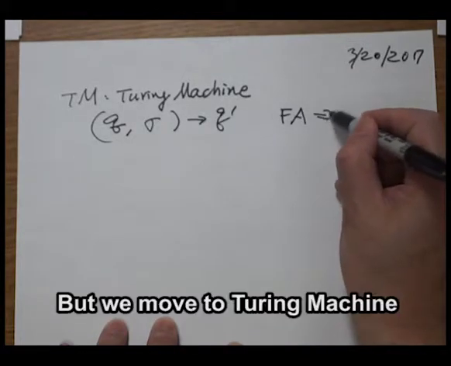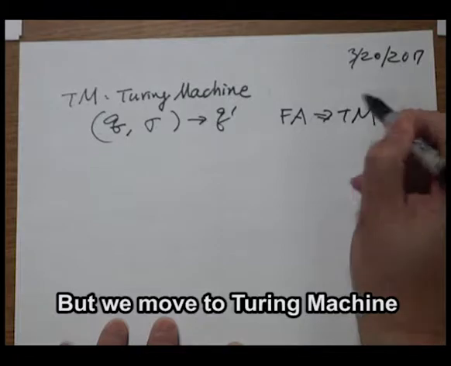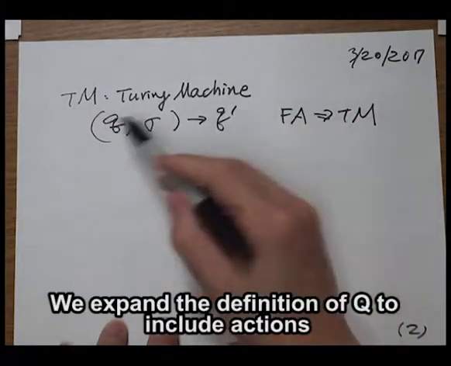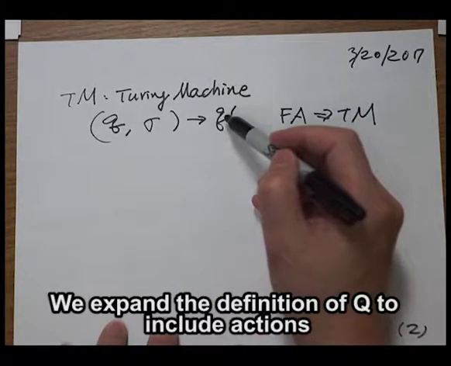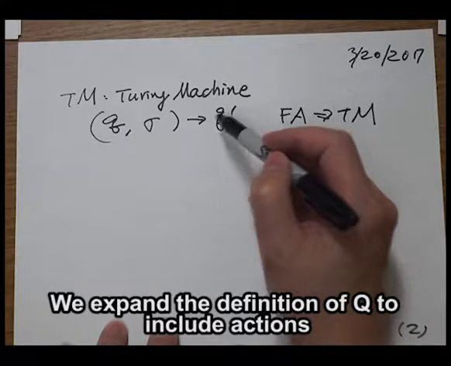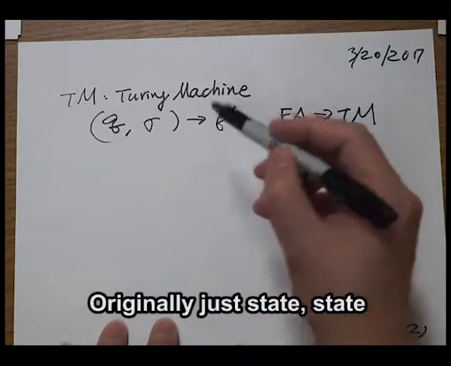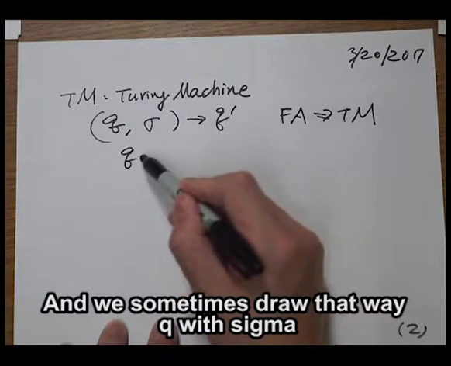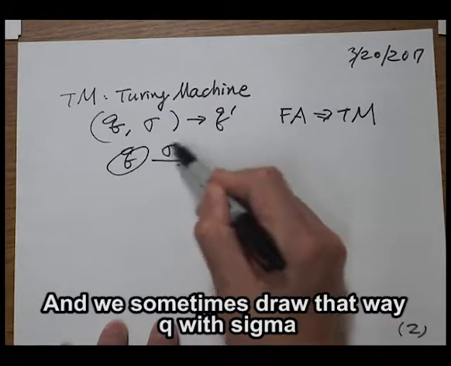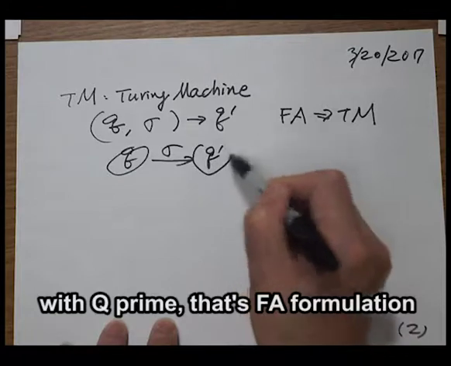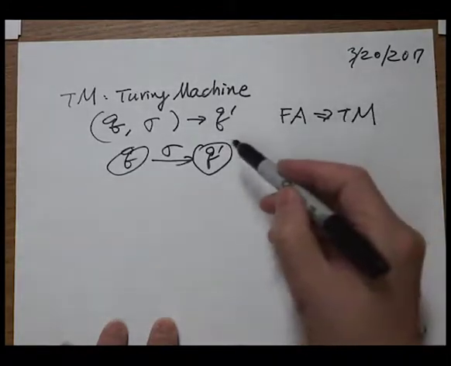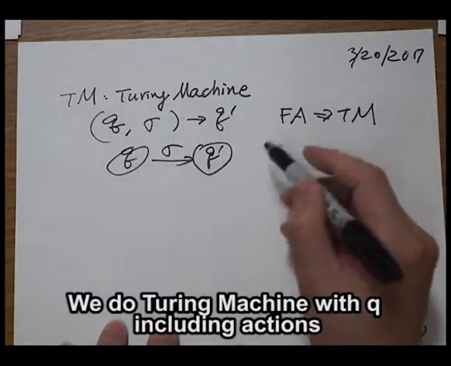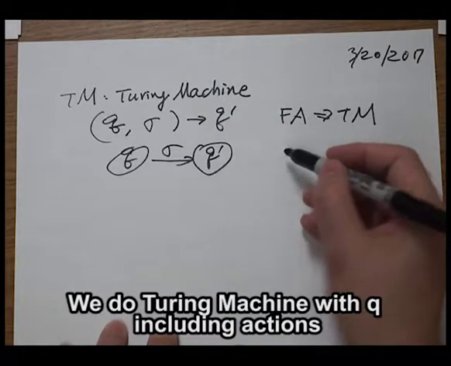When we move to the Turing machine, we expand the definition of Q to include actions. Originally it was just state, and sometimes we draw it that way. Q with sigma, we get Q prime. That's the FA formulation. For the Turing machine, Q includes actions.